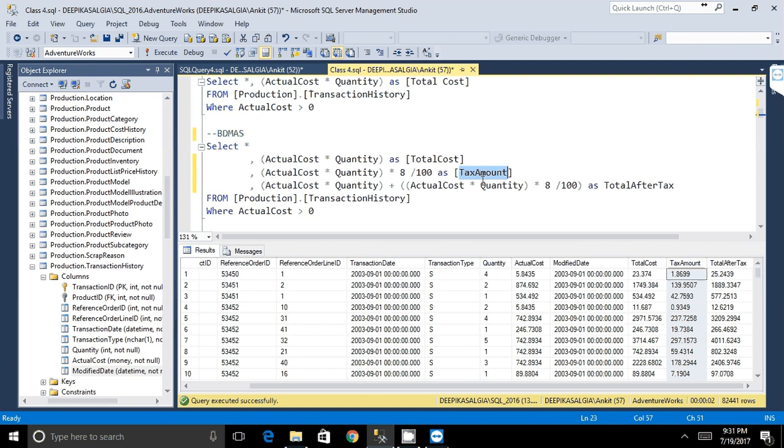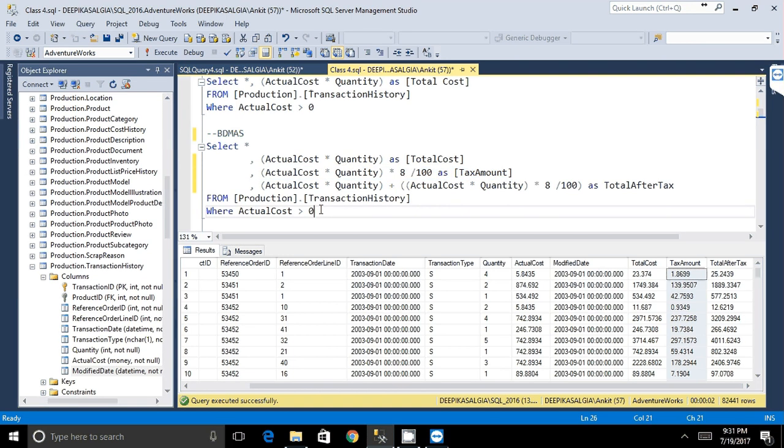So you cannot add actual cost to the tax amount because the tax amount is a column I don't have. So you cannot use any of the columns, even though it's in here, right, you cannot use it. It has to come from the table. It cannot come from your query.